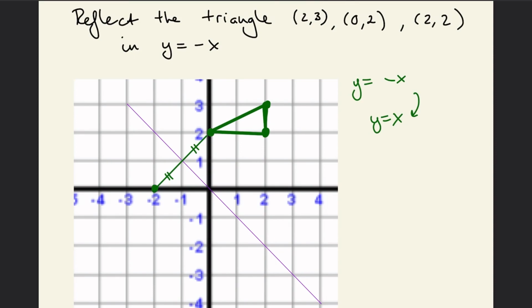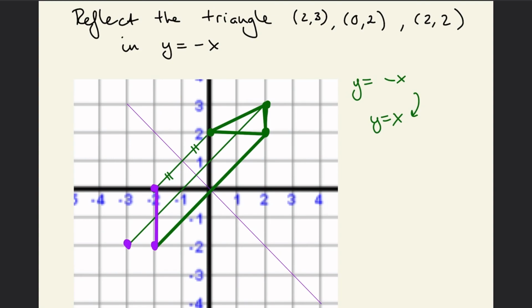On the other hand, if we do so with this point, it also has to move in this direction, but now it's 2 square root of 2 away. So this point is going to end up being here. And then lastly, we have this point, which also moves perpendicular-wise. And here we can count it like this, 1, 2.5, 1, 2.5. So over here, it's going to be moved here.